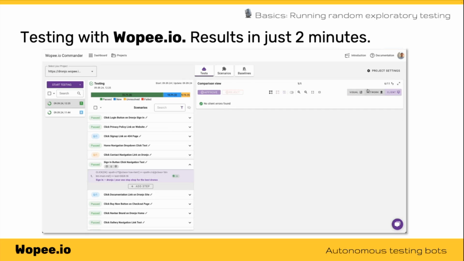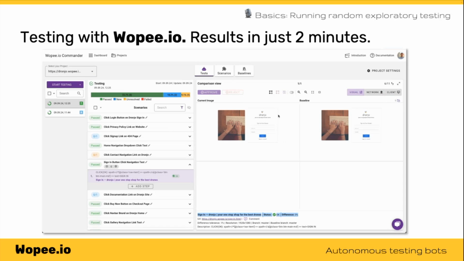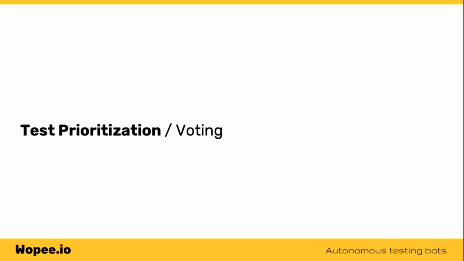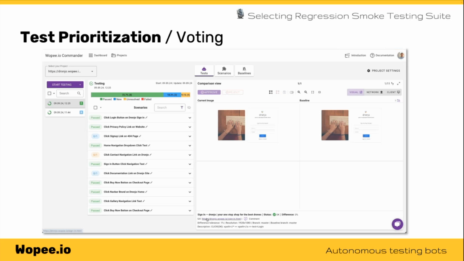So let me now introduce some more functionalities you could use to improve the test. I would like to pick up the most valuable test cases. And in order to do so, we have what we call voting or test prioritization inbuilt in the app. And how to do that?